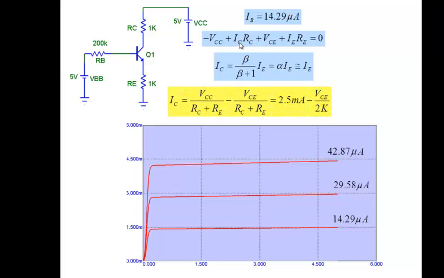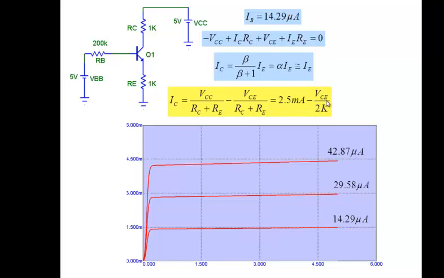Then this equation, I can rewrite it as IC = VCC/(RC+RE) - VCE/(RC+RE). So I've already assumed that IE equals IC, and then I'm writing an expression for IC. We substitute the values we are given for RC, RE, and we get this.